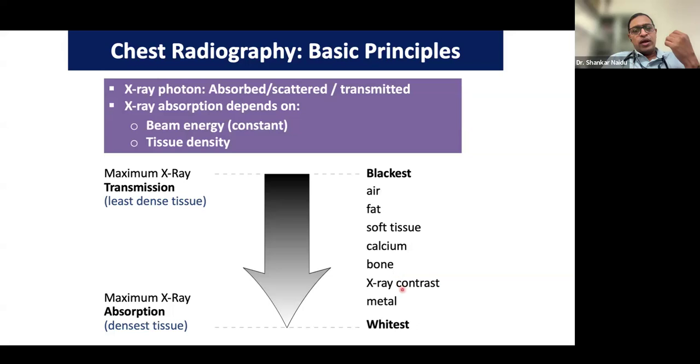Structures like bone, metal and other contrast materials that we inject absorb the X-ray photons, so they appear white. This absorption depends on the tissue density in the patient. Based on this interface, images are formed on the X-ray film, and we see those films and interpret the findings.